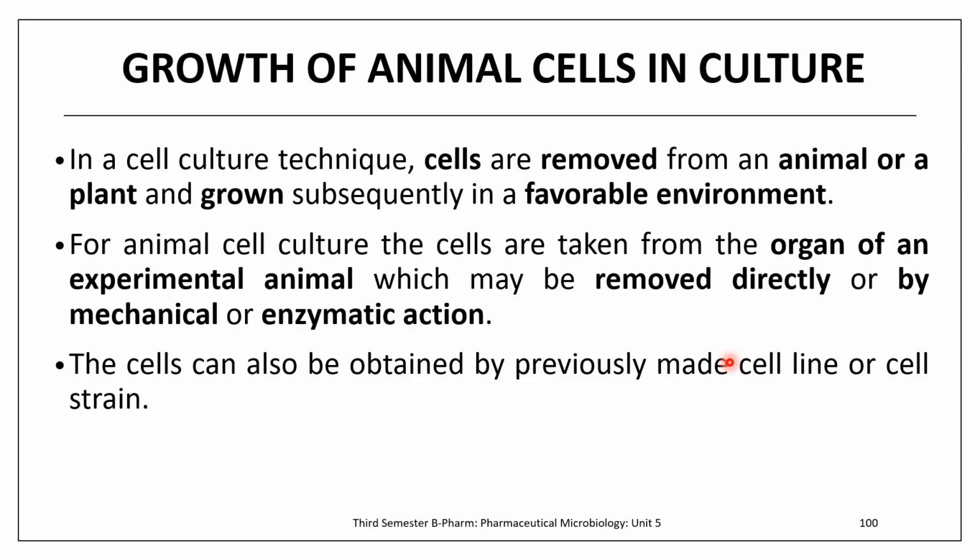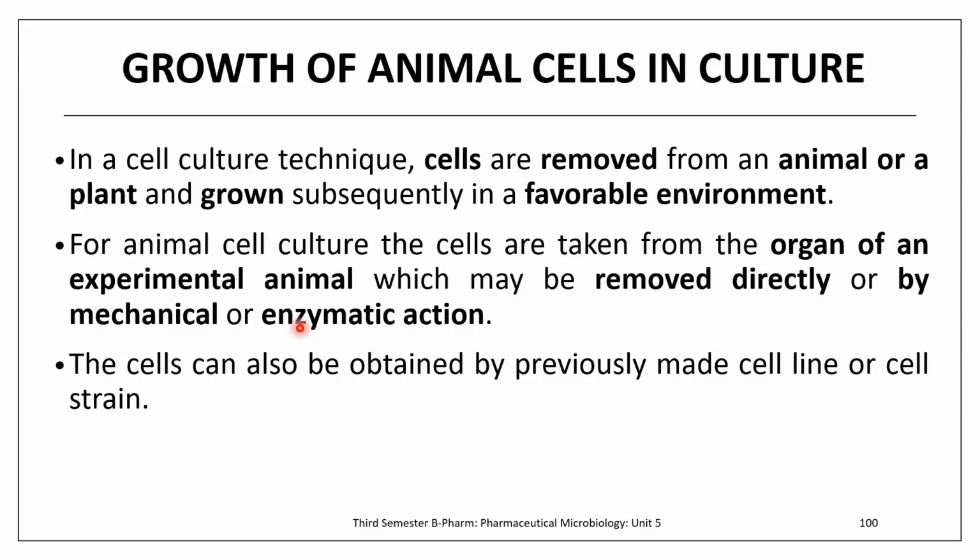Or we can use mechanical methods like a sonicator, ultrasound or vibration. Or we can use enzymatic action, using enzymes like lysozyme or trypsin. So these are the different methods to separate cells from the organs of the experimental animal.